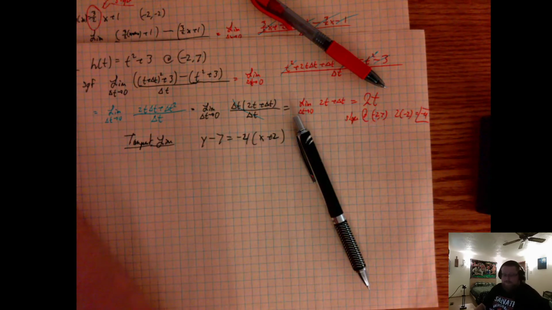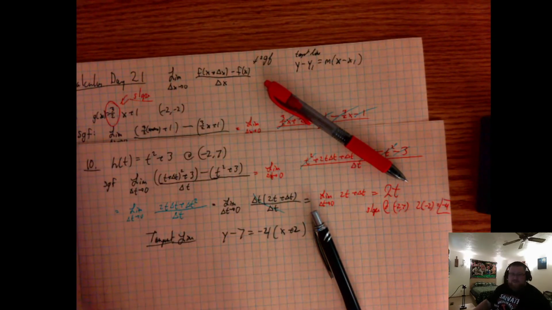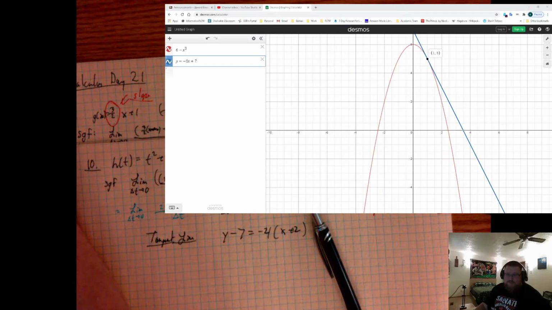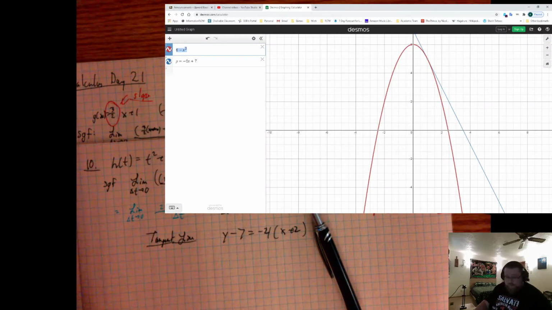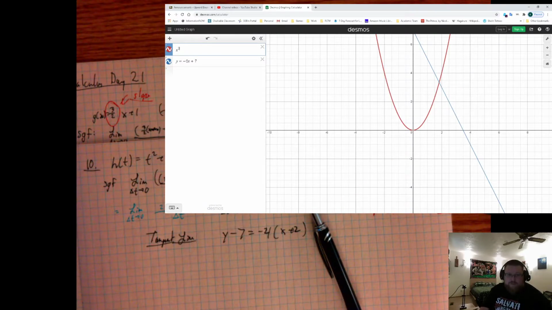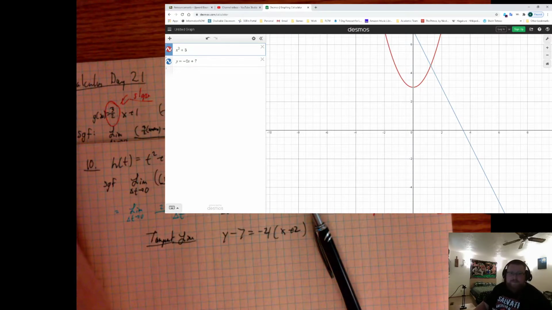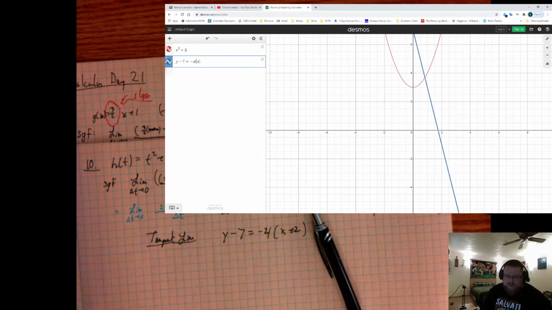Let's pull up Desmos. Put this down a little bit so we can see what we have. Alright. My fictional function was t squared, so it's going to be x squared plus 3. And my new function, I'm not going to bother doing any fancy changes to this: y minus 7 equals negative 4 times x plus 2.